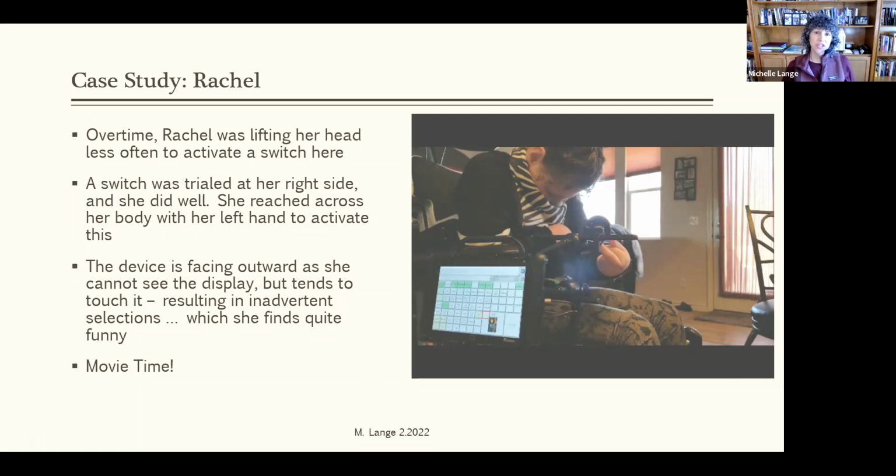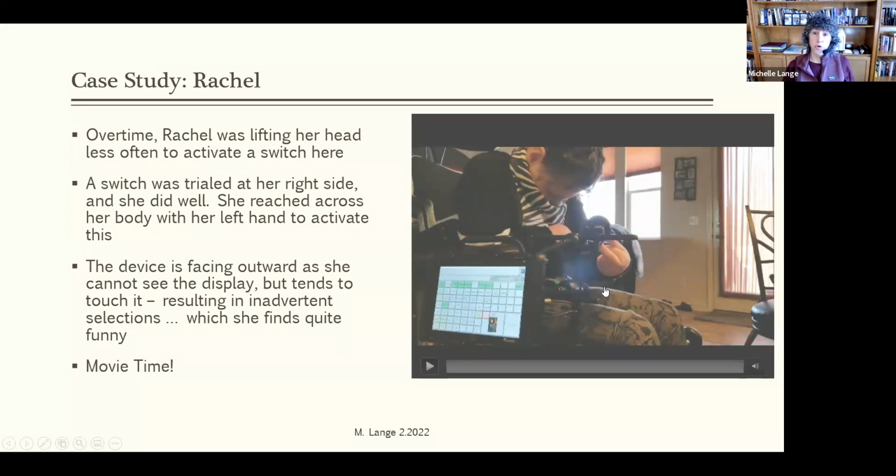But even though she can't see the display, she would try to reach out and just touch it. She enjoyed the tactile feel, but she would inadvertently select things. She thought that was hilarious because she could make it say all sorts of things. And so we tried to place the device in an area where she was less likely to inadvertently touch it. But we allowed her to access this switch.